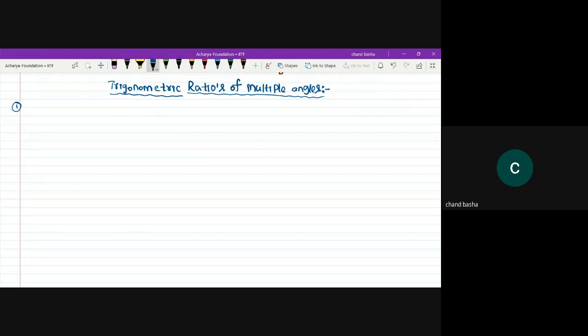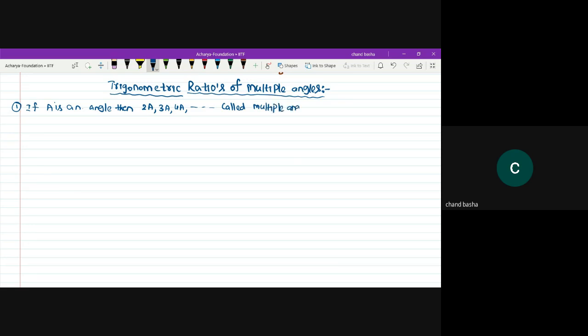Suppose A is an angle, then the multiples means 2A, multiple of something, that is 3A, 4A, and so on, called trigonometric ratios of multiple angles of A. Multiple, I mean, we are multiplying with some scalar.